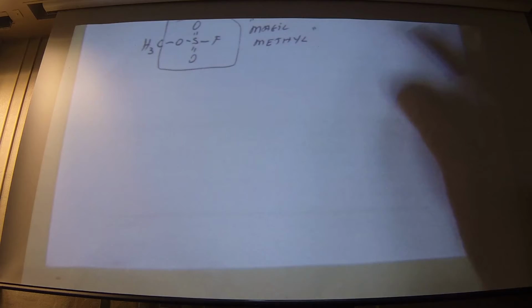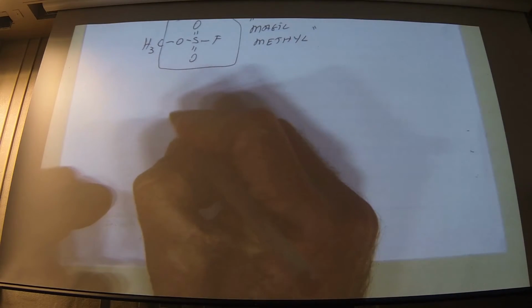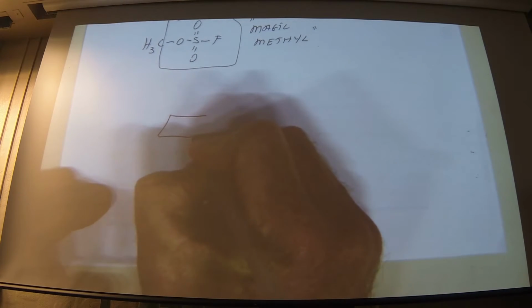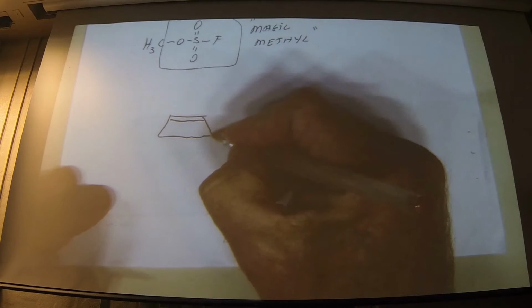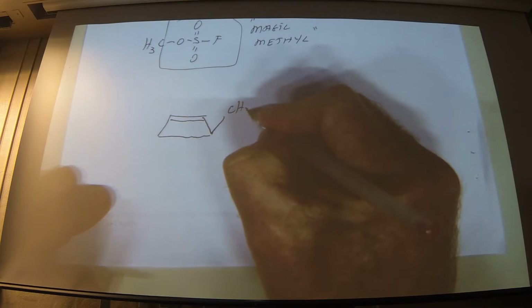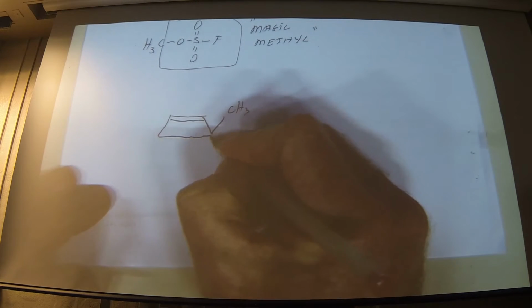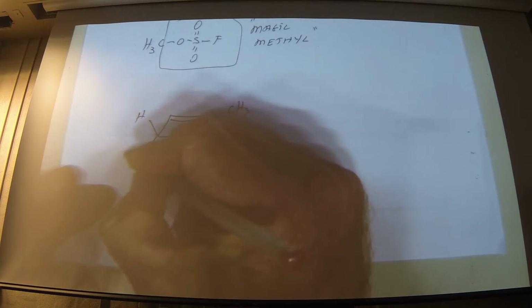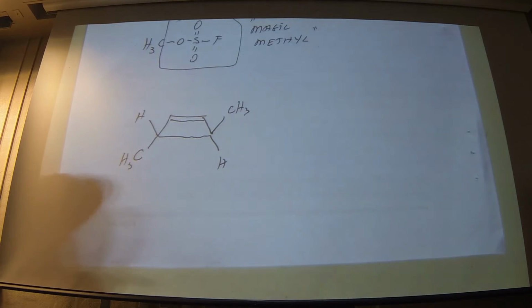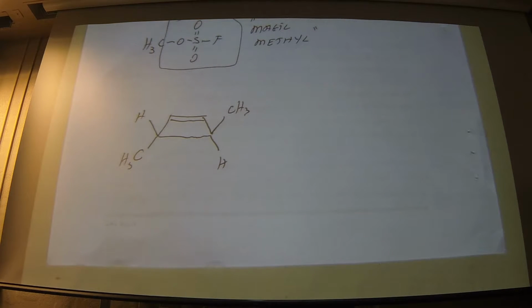So let me first of all show you the kind of reaction we're going to be talking about. So imagine that you have a cyclobutene. Now, these compounds are strained, obviously, but you can make them. They're not unknown. And let's say that I have this particular isomer of cyclobutene, so dimethyl cyclobutene, okay?